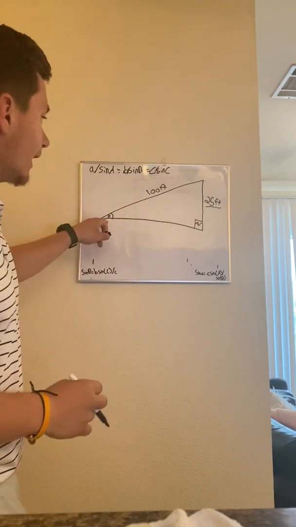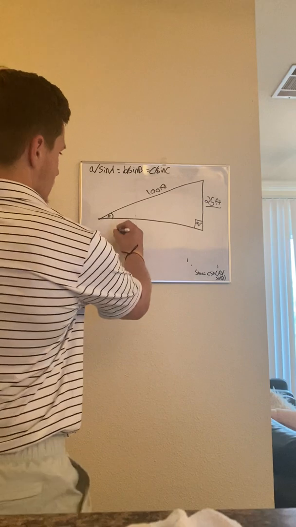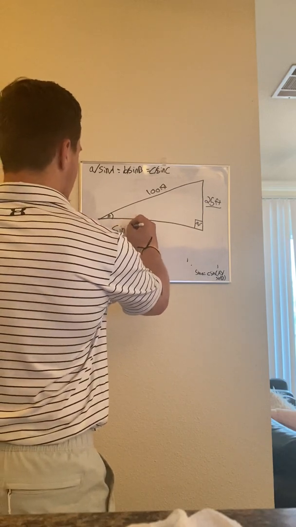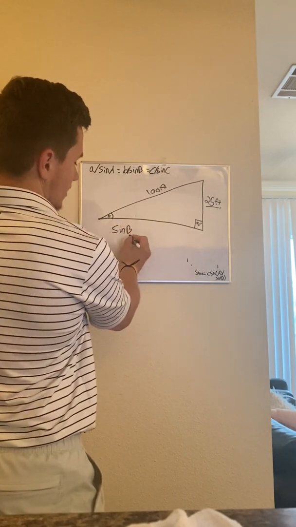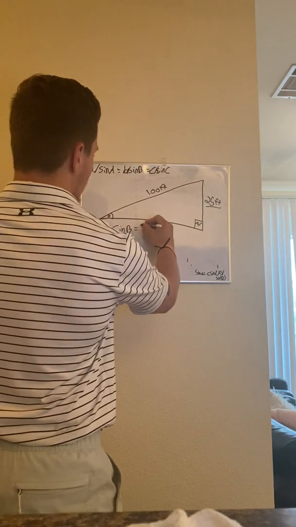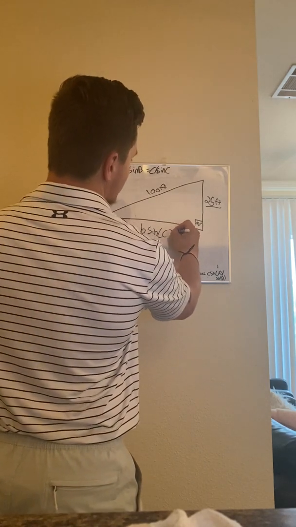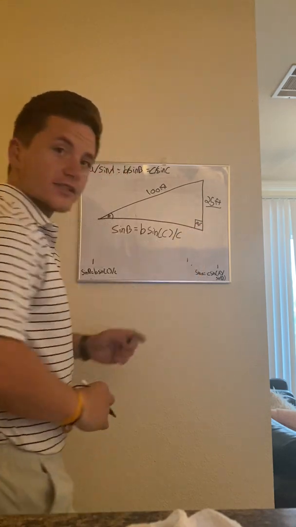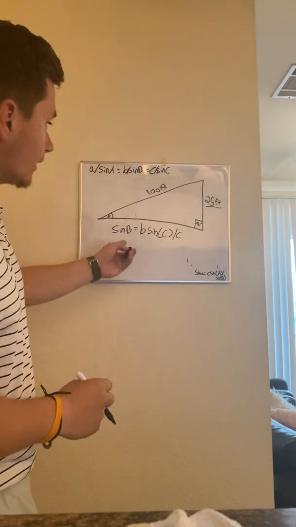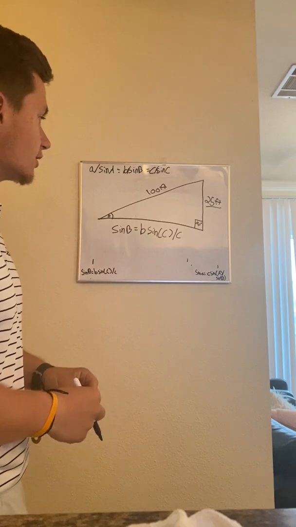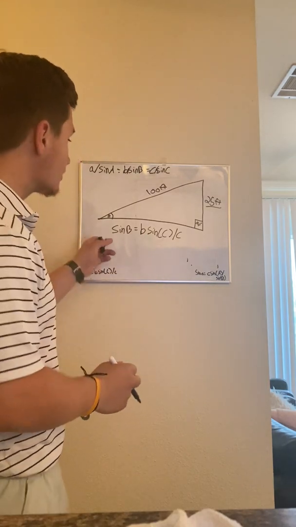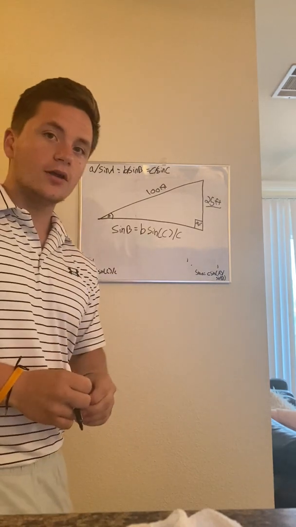So in order to find angle B, we know that sine of angle B must equal side B sine of angle C over side C. So we're going to plug in our given information into this equation, and we're going to use the inverse of sine button on our calculator to get our answer.